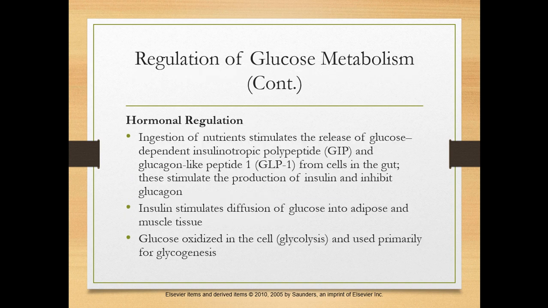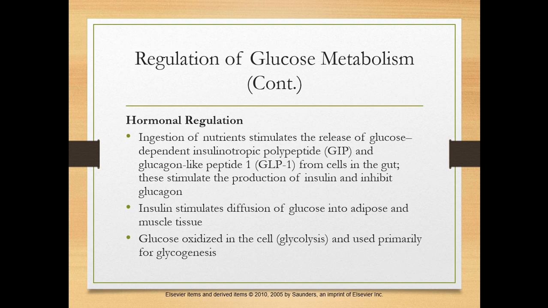Now, with hormonal regulation, the ingestion of nutrients stimulates the release of glucose-dependent insulinotropic polypeptide, GIP, and glucagon-like peptide 1, GLP-1, from the cells in the gut. What this does, this stimulates the production of insulin and it inhibits glucagon.